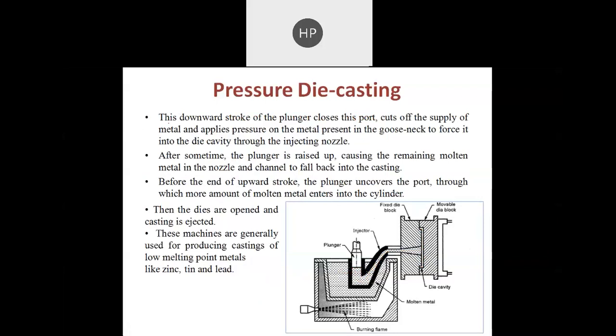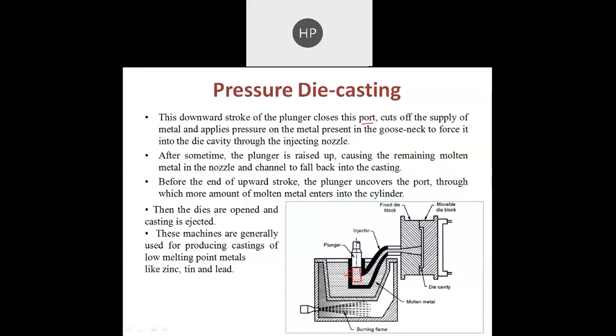Then the downward stroke of the plunger closes this port. As the plunger moves down, the port will be closed. When the plunger reaches here, the supply of the molten metal is cut off, and this applies pressure on the molten metal present in the gooseneck.